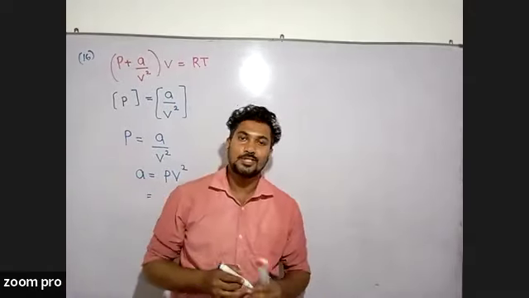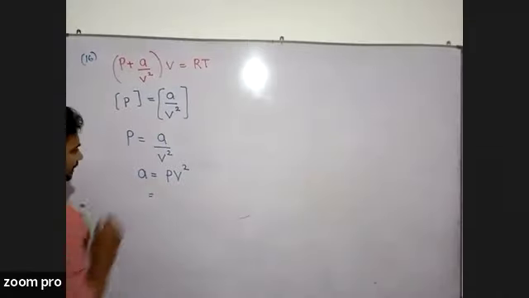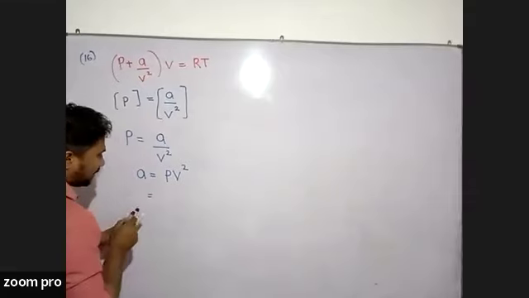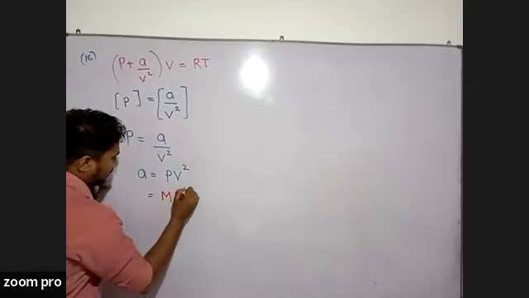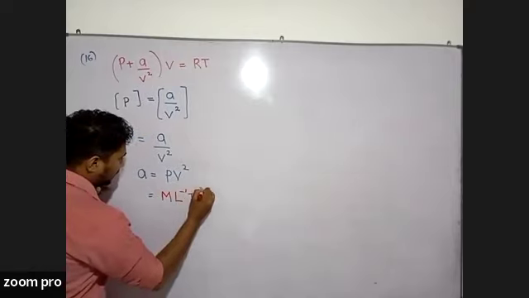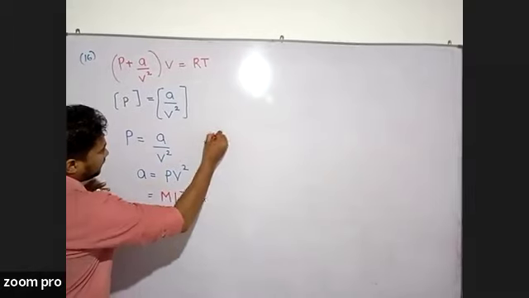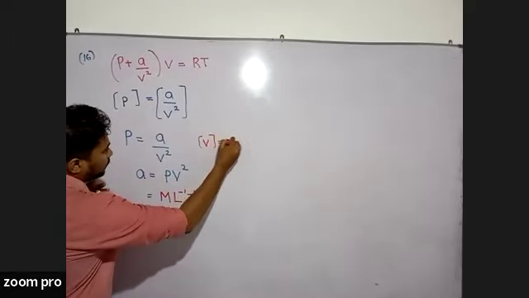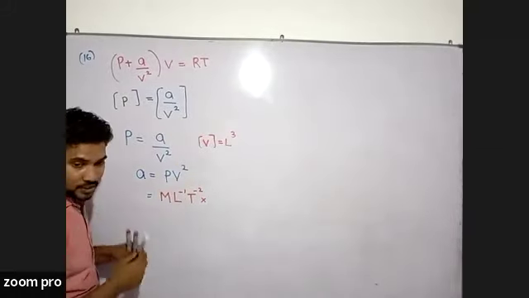Now we have to substitute the relevant dimensions into this equation. P represents the pressure, so the dimensions of pressure should be equal to M L minus 1 T minus 2, into V. Guys, keep in mind that the dimensions of V should be L cube. But here they consider B squared.